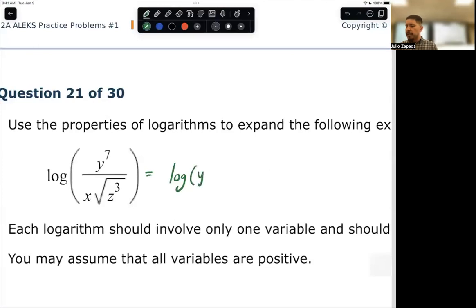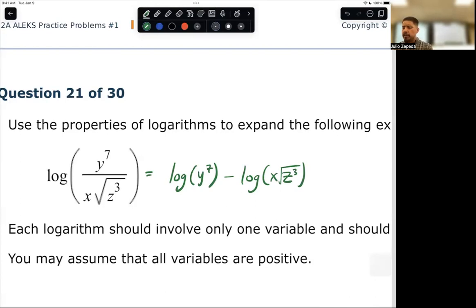As our first step, we can do log of the numerator minus log of the denominator. Because you know that you could combine those two logs again, divide the arguments, to get that single log back.